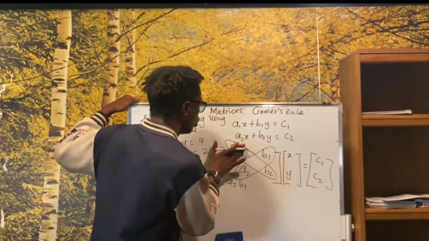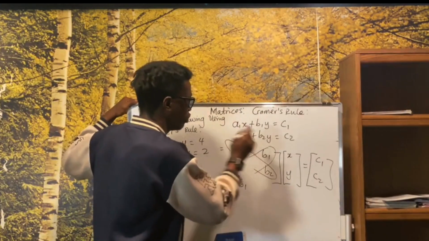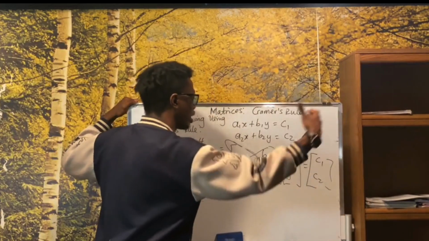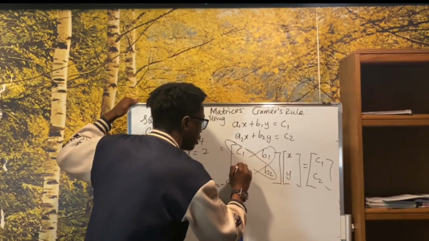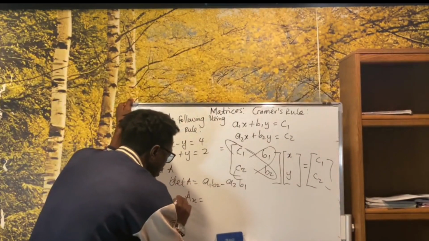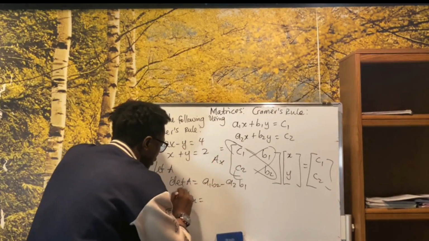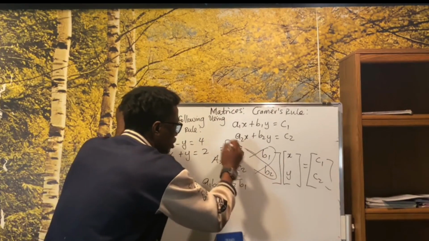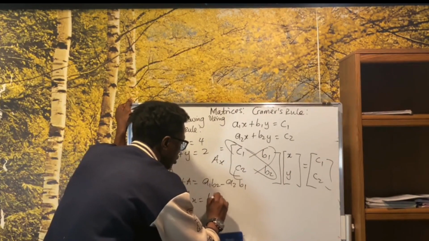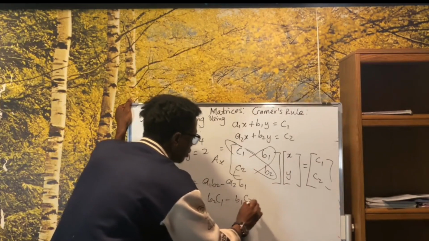So what you do, you replace the first column with the right-hand side, so this is going to be c1 and c2. Now again, to find the determinant of Ax, it becomes b2 c1 minus b1 c2.